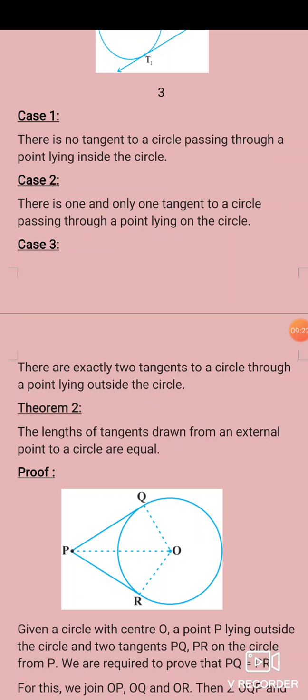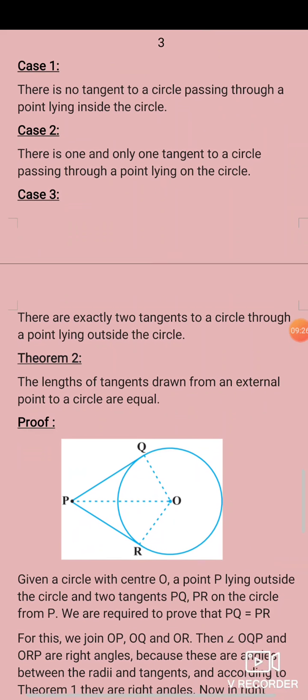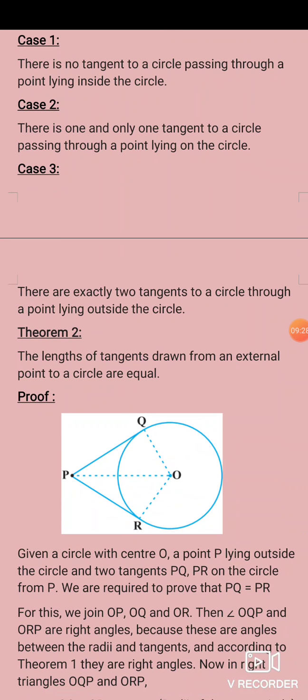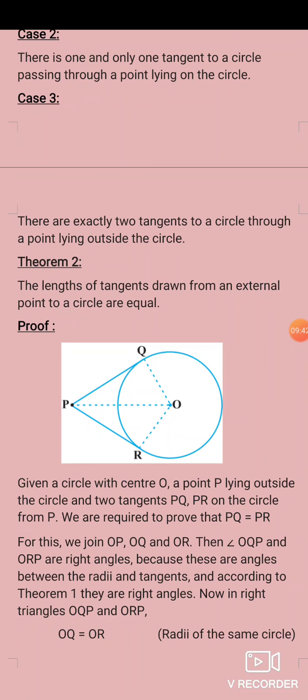Now listen. Given a circle with center O, a point P lying outside the circle, and two tangents PQ and PR on the circle from the point P. We need to prove that PQ is equal to PR. For this, we join OP, OQ and OR.